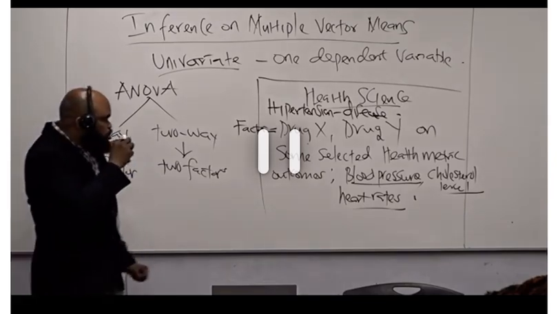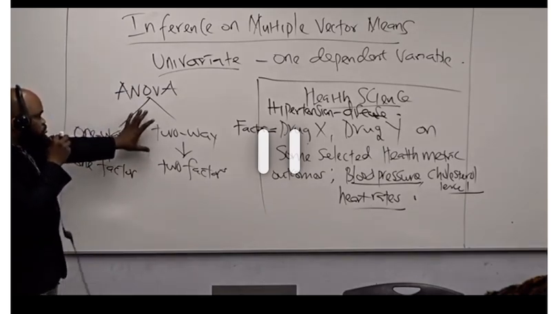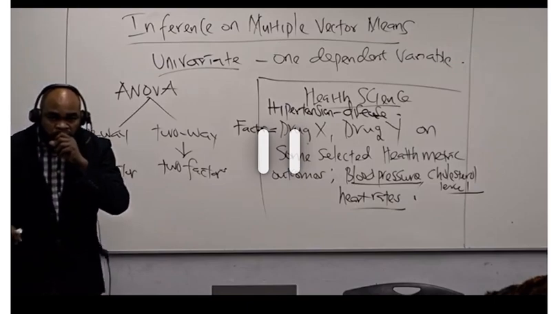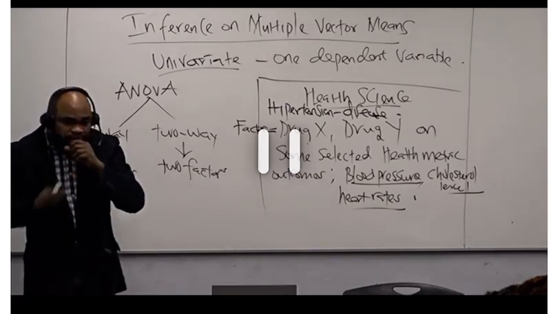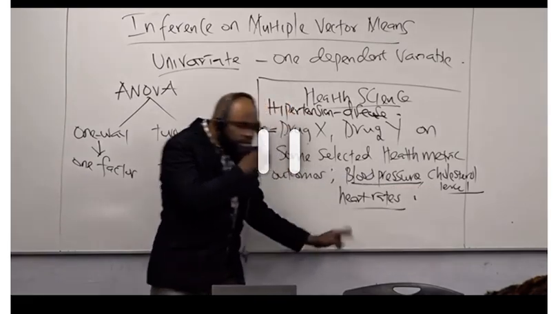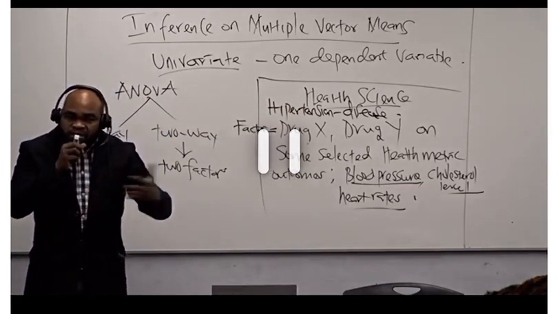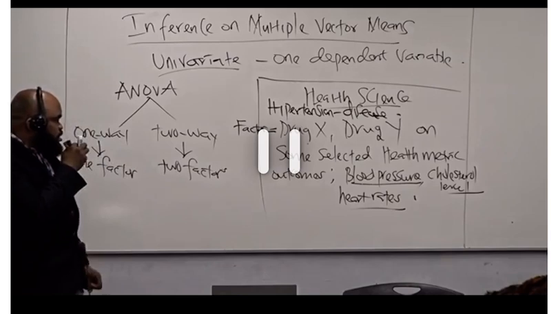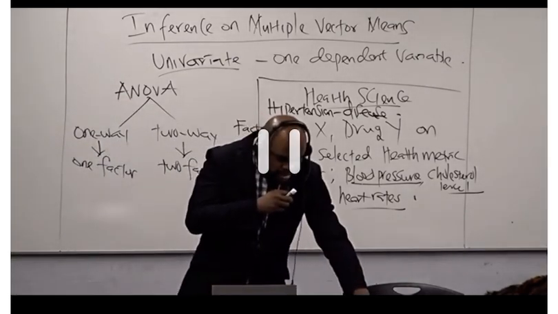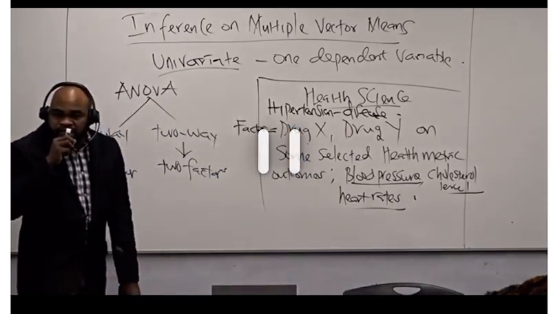Number 2, the conventional univariate approach will ignore correlations among the dependent variables, because there could be correlation between blood pressure, cholesterol level, and heart rate. When that is ignored, we do not have a huge statistical power. Does that make sense?